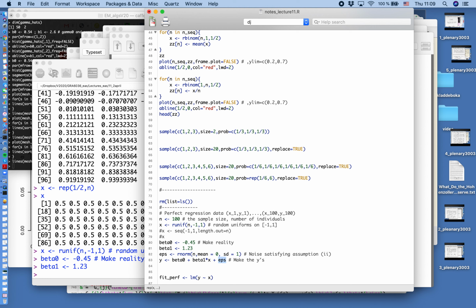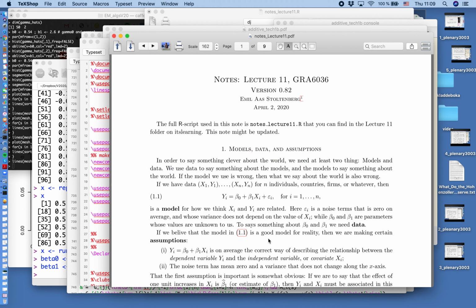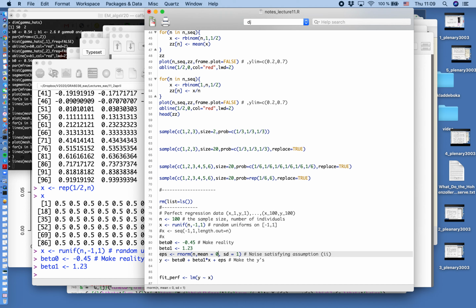Then we need to add the noise. And remember, the noise, what I here call eps, so these are the epsilons here, we assume that those are all the other things that might influence y. Some things influence y in a positive direction, some influence y in a negative direction, and on average their influence on y is 0.